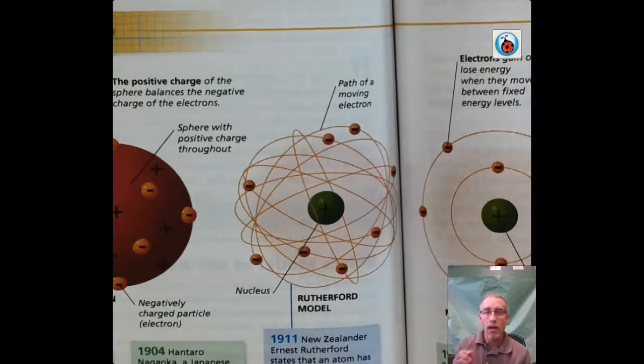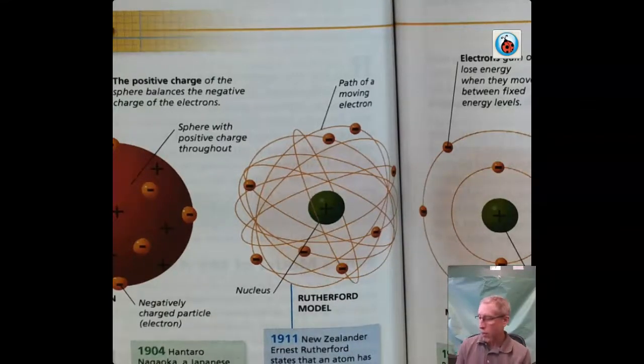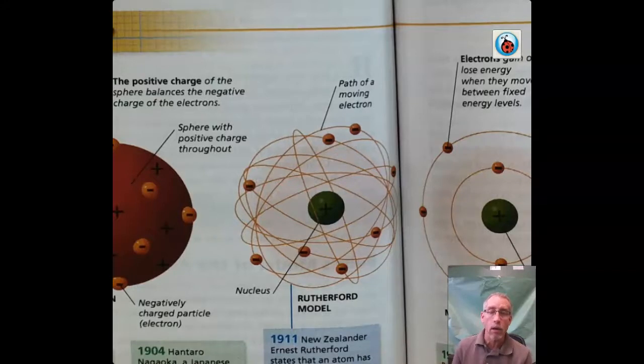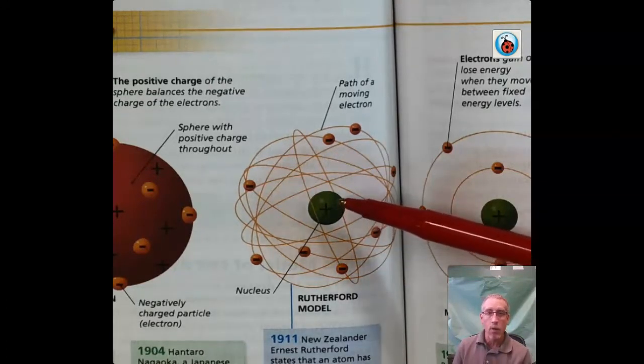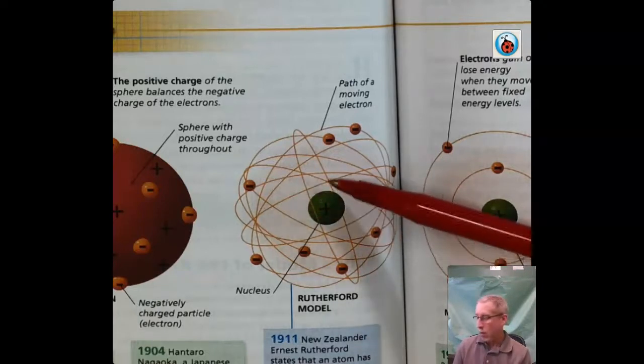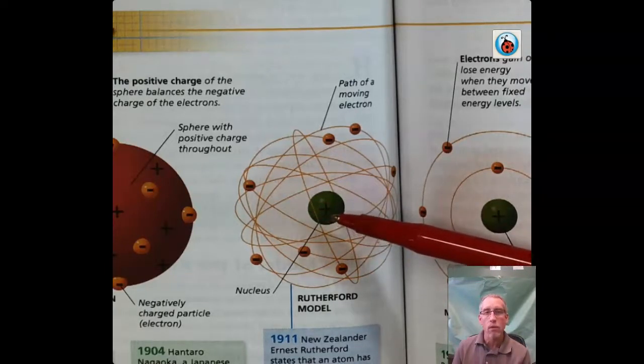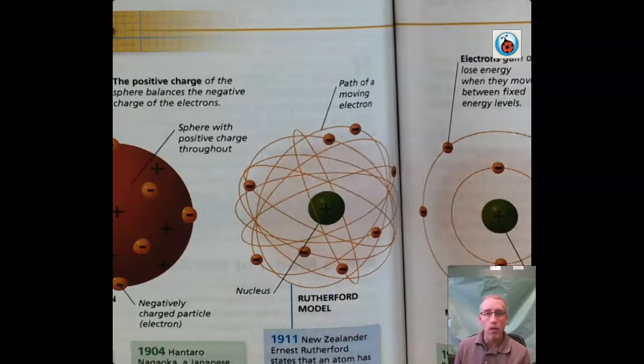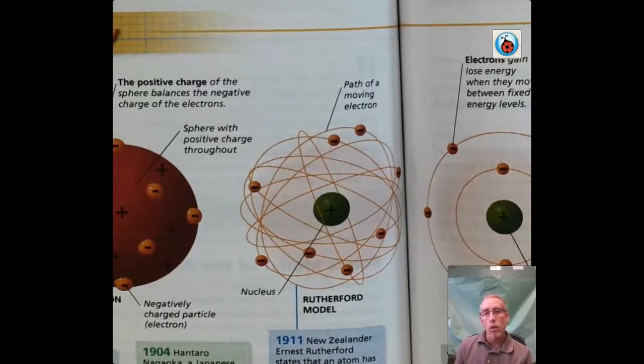And it's a tiny, tiny little thing. Call it the nucleus, and we could never draw it even close to scale because it would be too small to even see. So we show a greatly magnified version of the nucleus here. And then all the other stuff, the negative charges, are moving around in all sorts of haphazard ways.